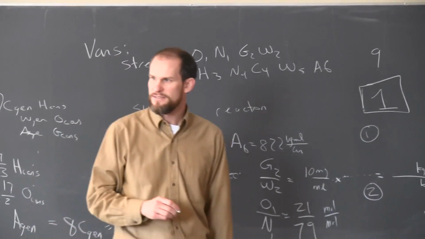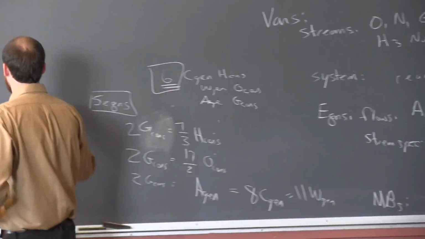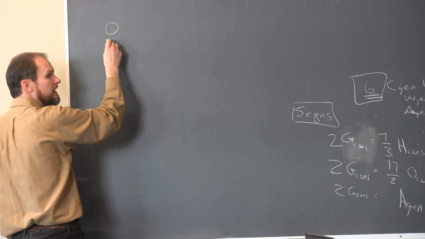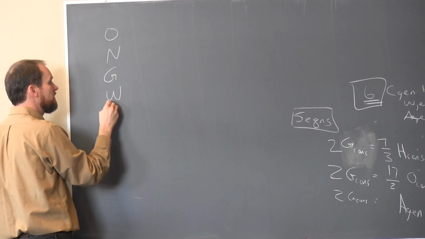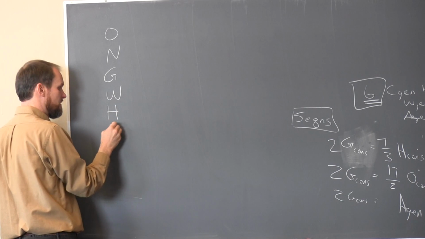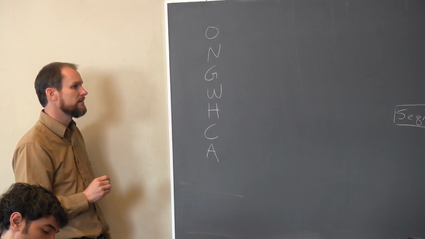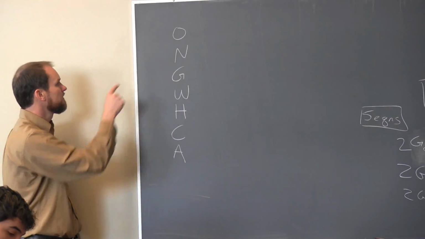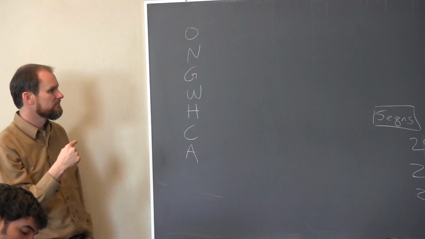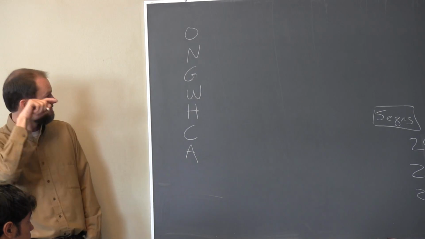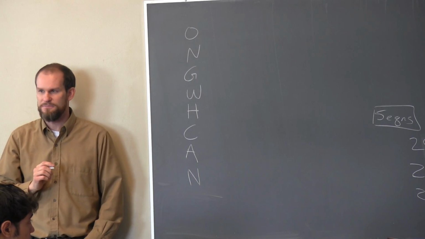How many material balances? Well, I get 1 for every species. Oxygen, nitrogen, glucose, water, hydrogen, carbon, adipic acid. I missed one: 1, 2, 3, 4, 5, 6, 7. Nitrogen, it's an error, it's not in that reaction.